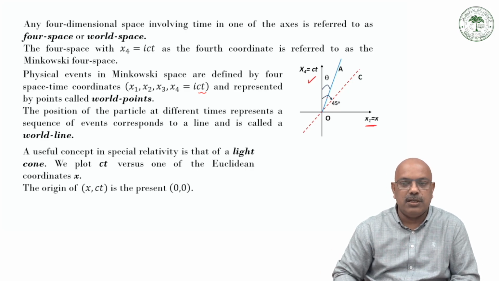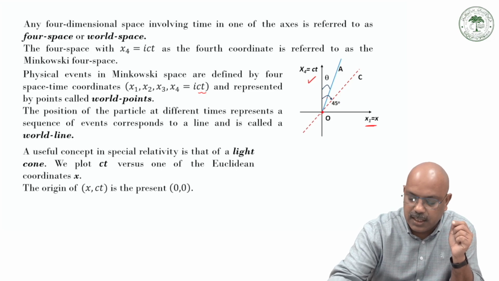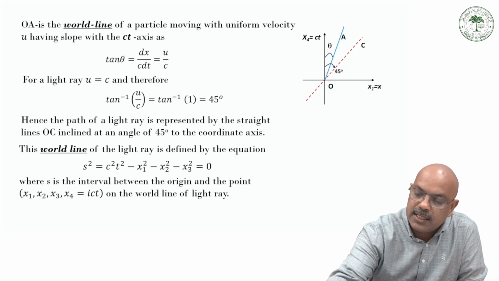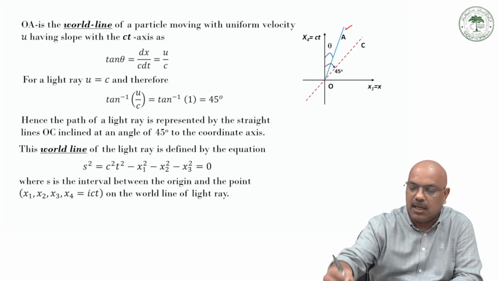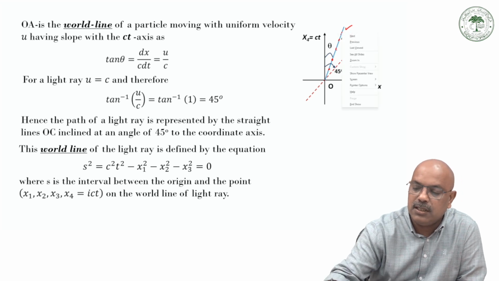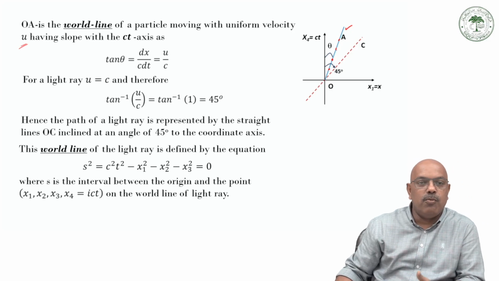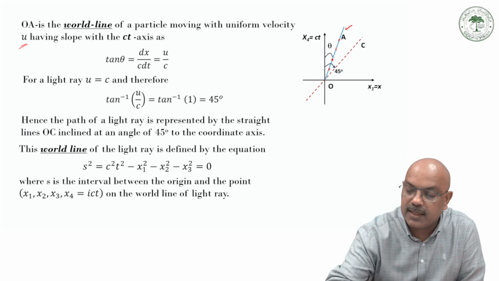The origin of this x-ct plot is at 0, 0. Now this line OA is some world line: some object is moving along this line with uniform velocity u. So it has a slope with the ct axis, not with the x axis.